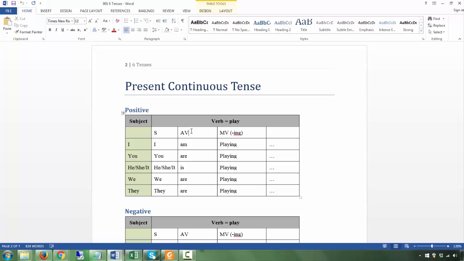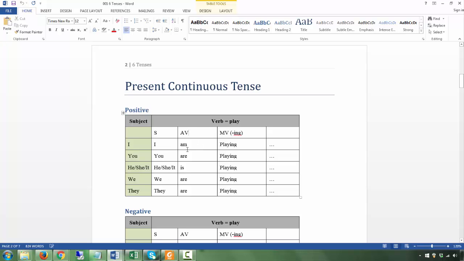A modal verb is also called a modal auxiliary verb, because a modal verb is an auxiliary, a helping verb. This is just a helping verb. Why do you call it a helping verb? Because it helps. It doesn't give the main meaning. I put MV here for the main verb. So this one gives the main meaning. This one doesn't give the main meaning. It just helps you.